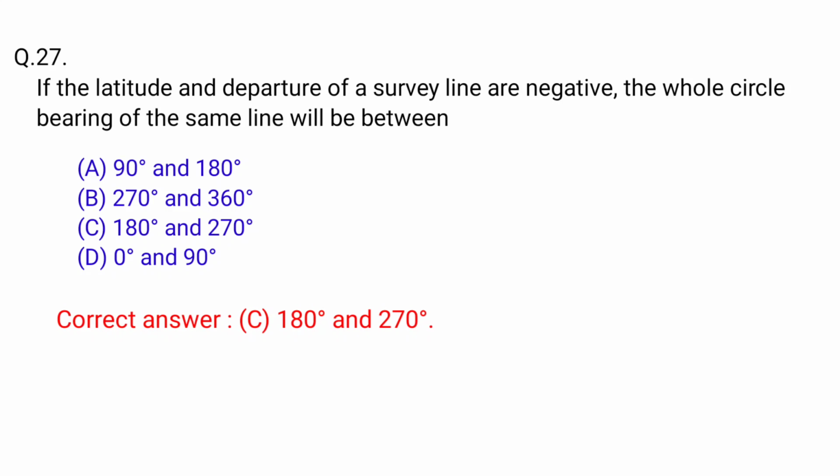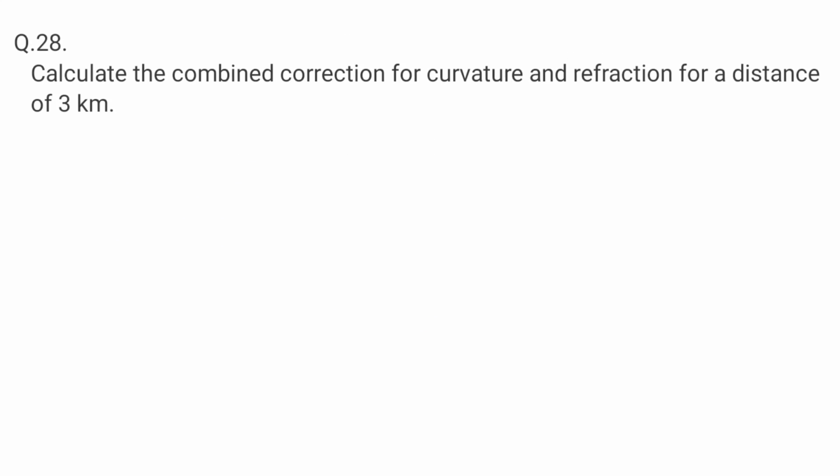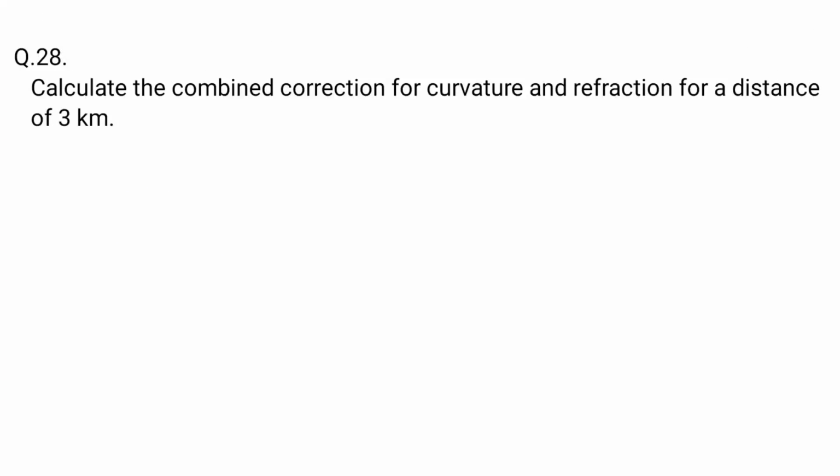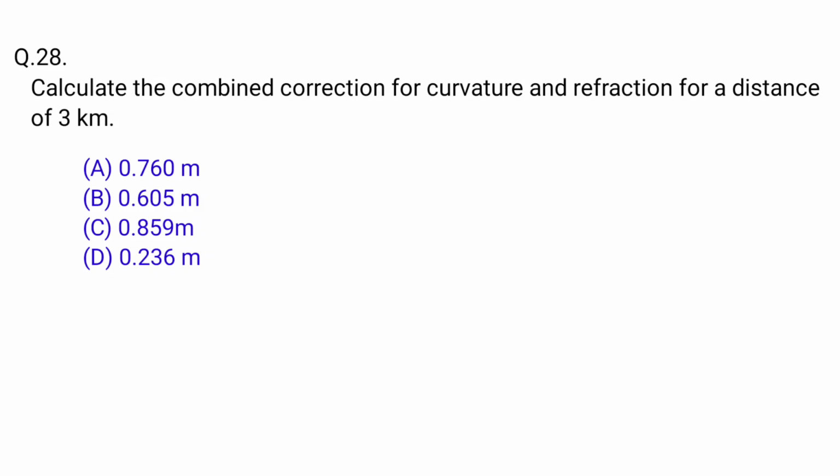Correct answer is option C. 180 degrees and 270 degrees. Next. Question number 28. Calculate the combined correction for curvature and refraction for a distance of 3 kilometers. Options A. 0.760 meter, B. 0.605 meter, C. 0.859 meter, D. 0.236 meter.